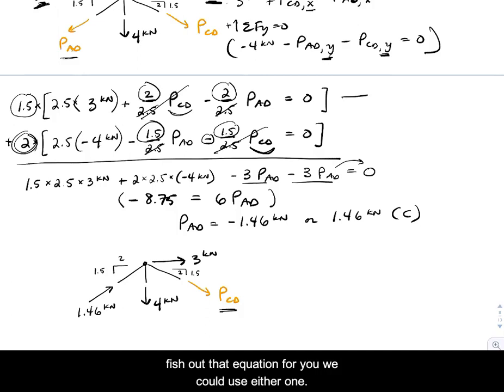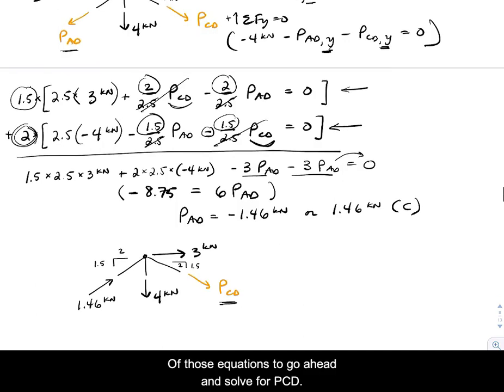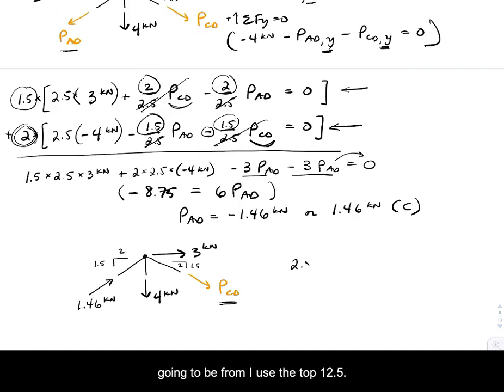We could use either one of those equations to solve for PCD. So I think I'm going to fish it out here. I'll use the top one, 2.5 times 3 kilonewtons plus 2 times PCD minus 2 times PAD, which is minus 1.46.